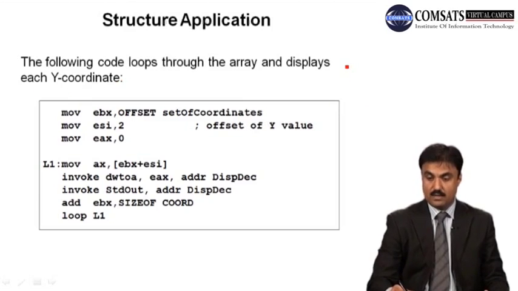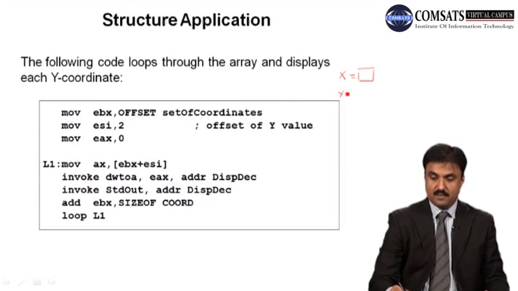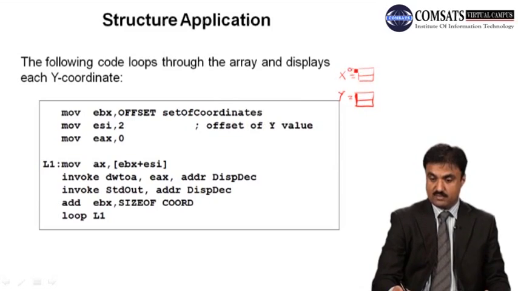We know that our structure has two fields: x, which occupies 2 bytes, and then y, the second member, which occupies the second consecutive 2 bytes. If x has offset 0, 0 and 0, 1, these two are occupied by x. Then 0, 2 and 0, 3 are occupied by y.